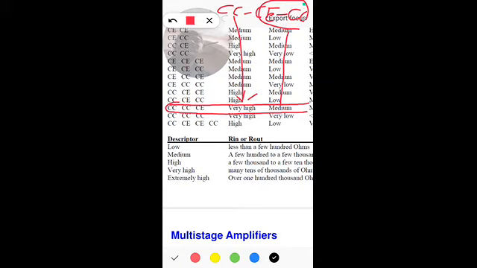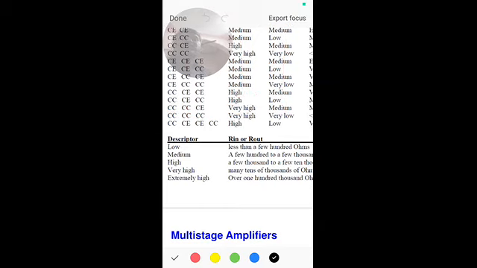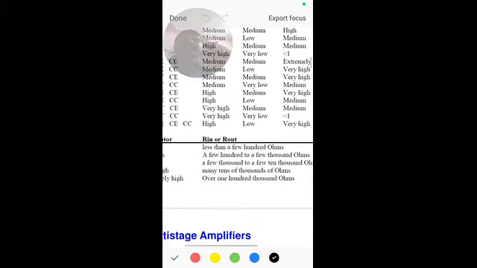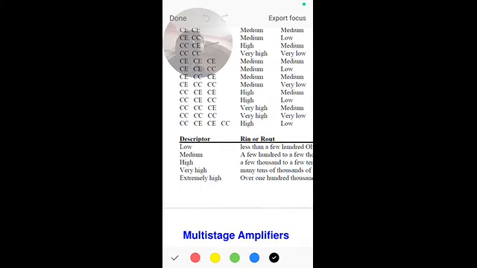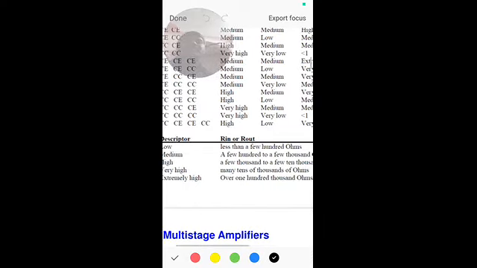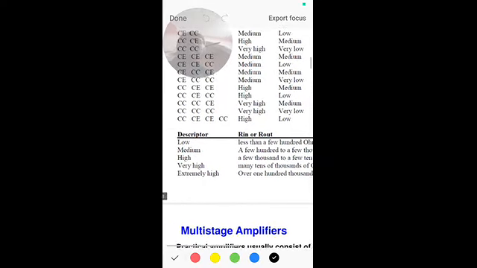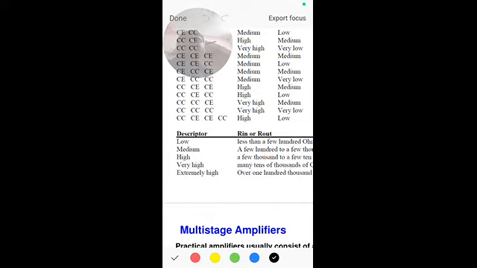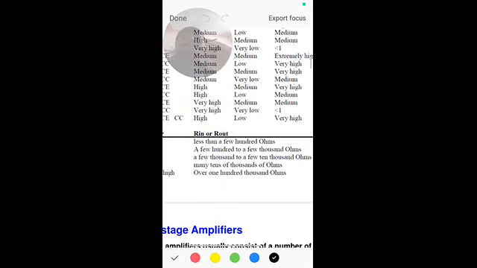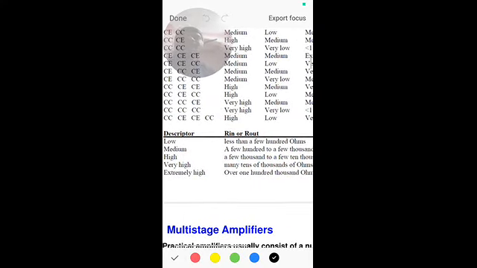Because in this last stage, let us consider the configuration CC, CE, CC.